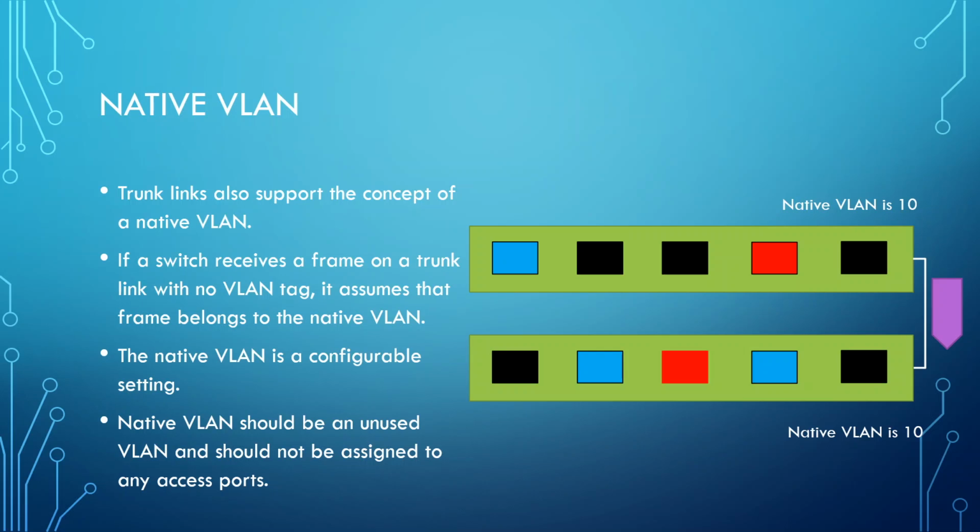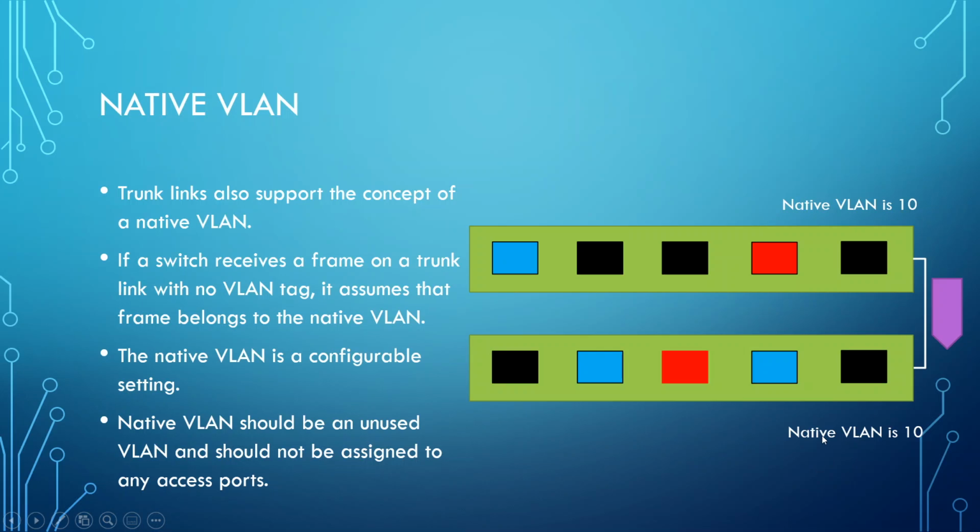And obviously the native VLAN has to match on both ends. Let's say that the native VLAN is set to 10 on this switch. If the switch is going to forward a frame out and that frame was received by a device in VLAN 10, it's not going to attach a VLAN tag, because all frames part of the native VLAN are sent out of a trunk link untagged, with no VLAN tag attached to it.